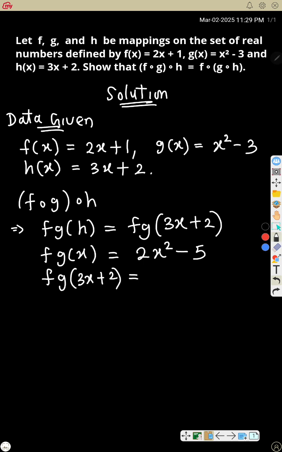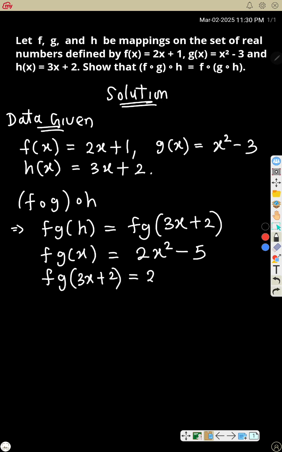So if you are watching the video, just calm down and break it down. See the way I explain it, follow the steps. So f of g of h is the same thing as this representation. These two are the same. We have already found f of g of x, which is this. So now in f of g of h, this h is 3x plus 2. We now relate the two. Since f of g of x is our previous result, then for f of g of h, anywhere I see x, I'll put 3x plus 2.